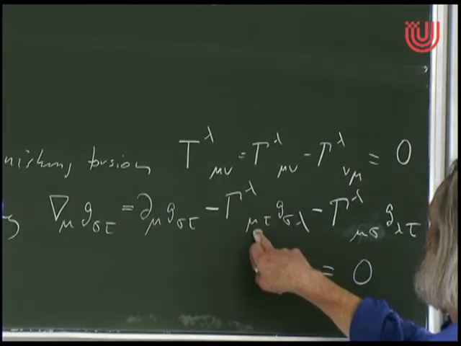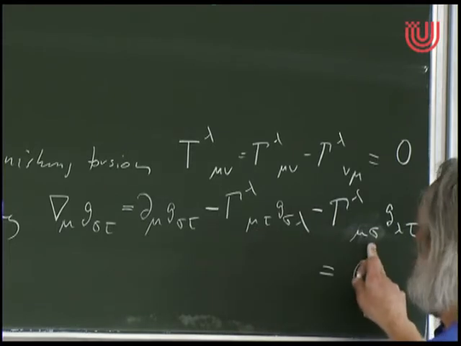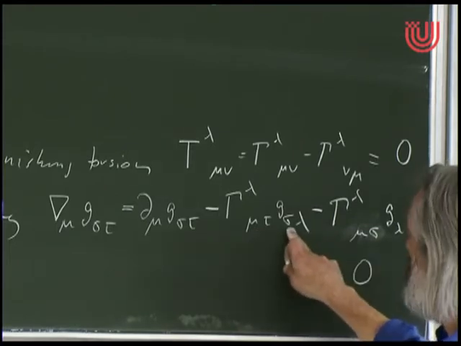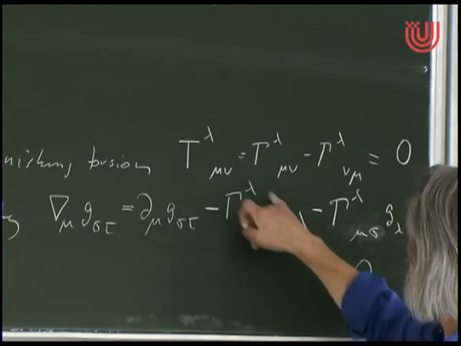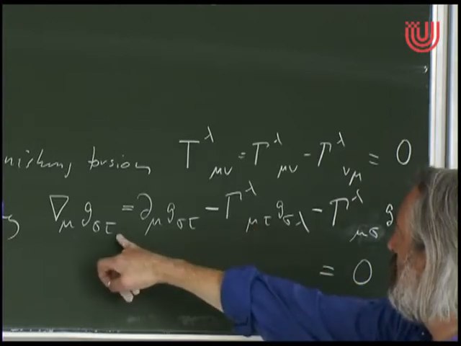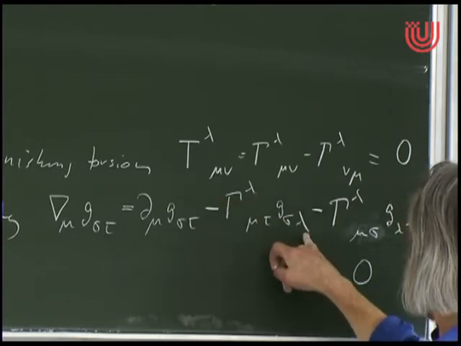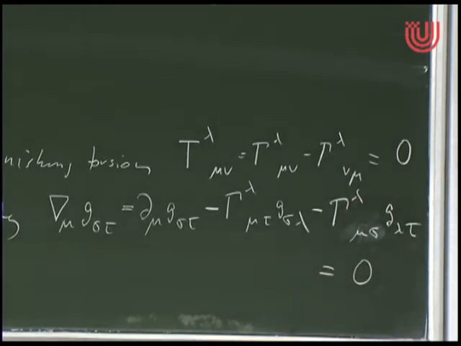So the first index on the gamma is always the index with respect to which the derivative is done, so that's always a mu. And in these terms, the index which comes in the second place of the gamma is the index I replace here. So here I replace tau by lambda, and here I replace sigma by lambda. Yes, now it's correct. Okay.